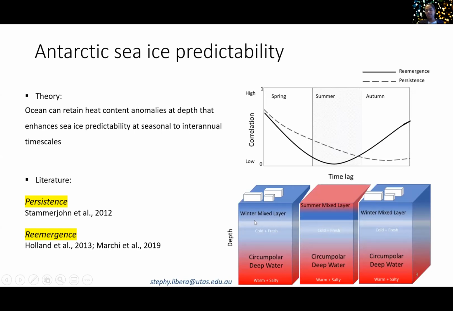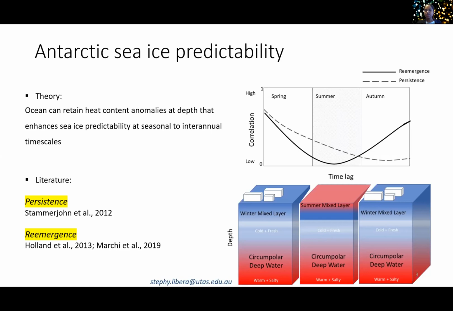If we start in winter, we have cold surface conditions, and then we have ice formation. The ice formation will further cause brine rejection and vertical mixing. All of this will result in a deeper mixed layer formation in the winter. In the summer season, the ice would melt, forming a freshwater layer on the surface, and then it can be further warmed due to radiative forcing.